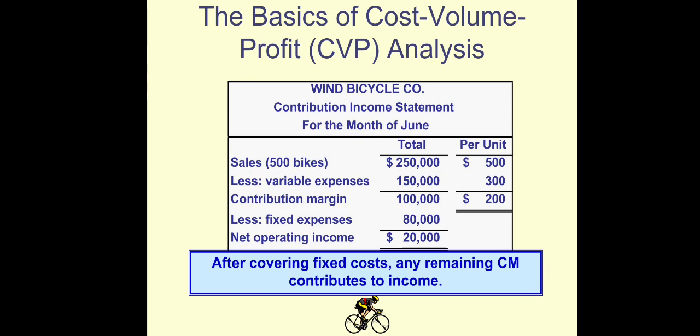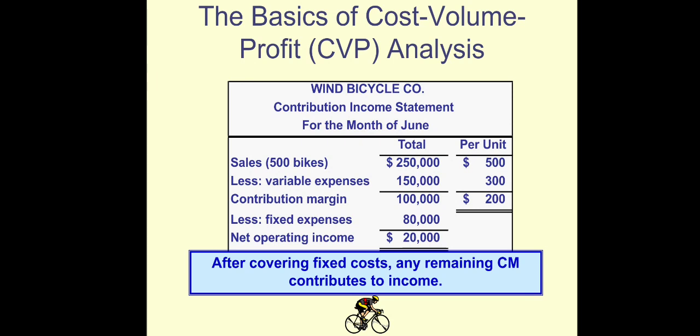So you can see in column number 2, the slide says contribution margin is covering the fixed cost. In this sample business, the contribution margin is 100,000, and the fixed cost or fixed expenses is $80,000. So the contribution margin is the amount that will cover the fixed cost.